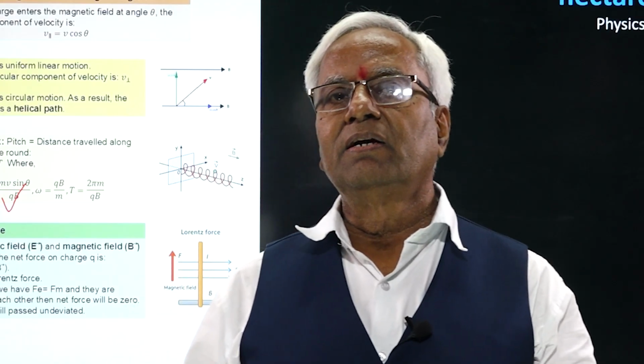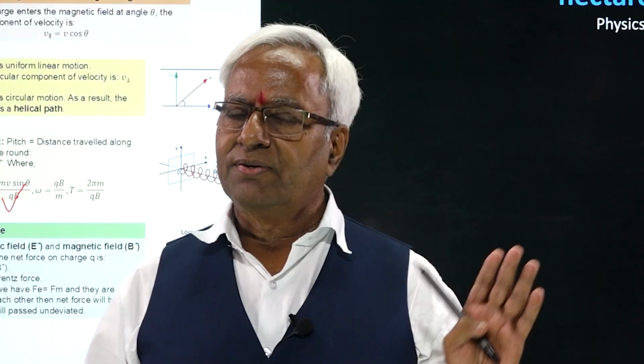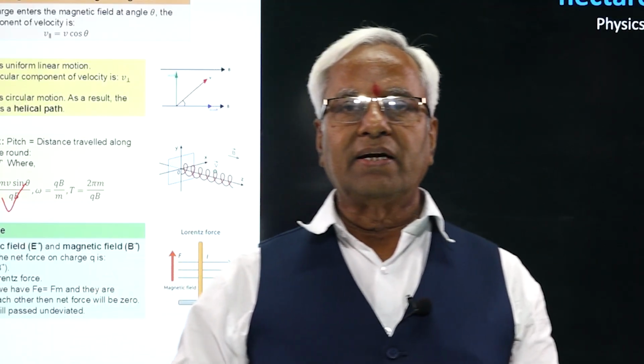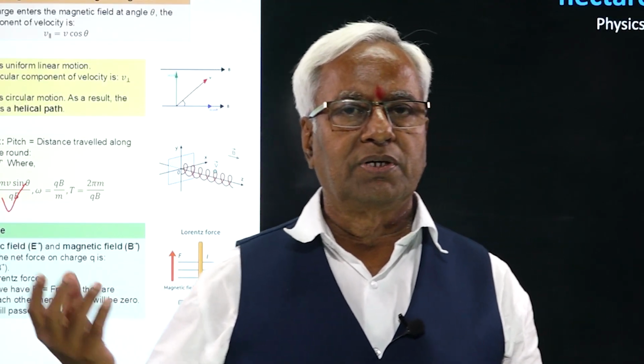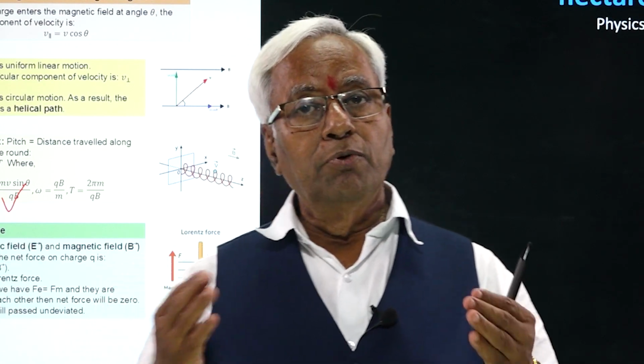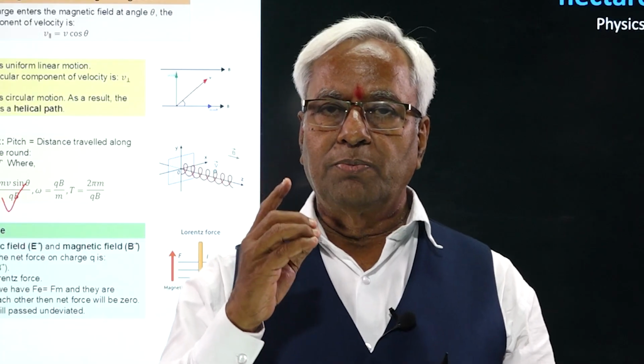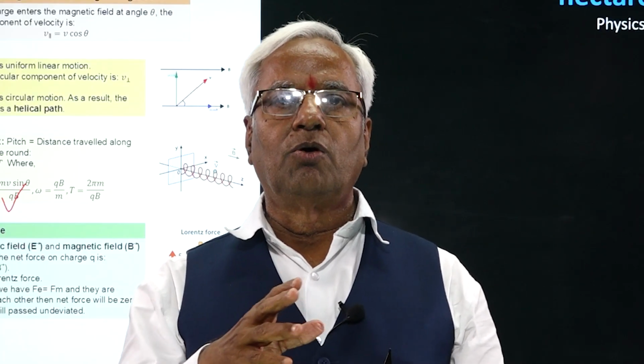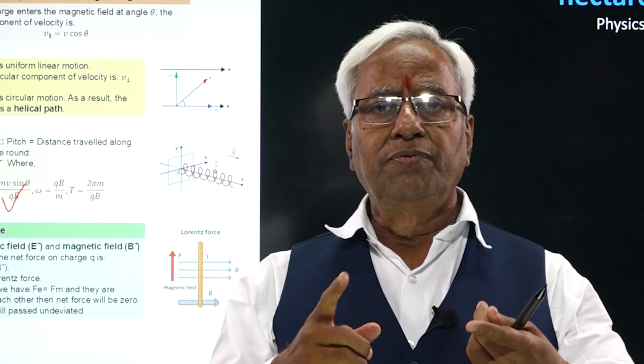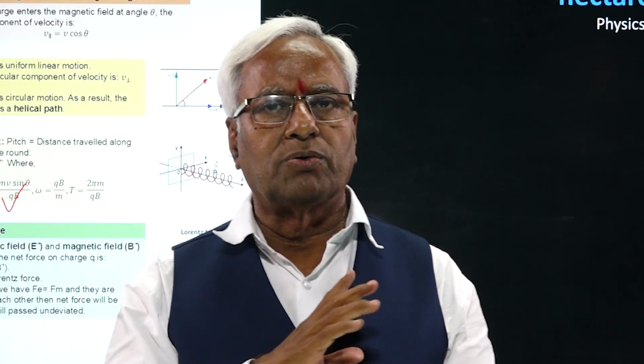If only electrical force is there, you simply say it's electrical. If only magnetic force is there, you simply use the term magnetic. But when both the forces are there, only then this term would be appropriate. That's Lorentz force. So don't confuse it with any single force.